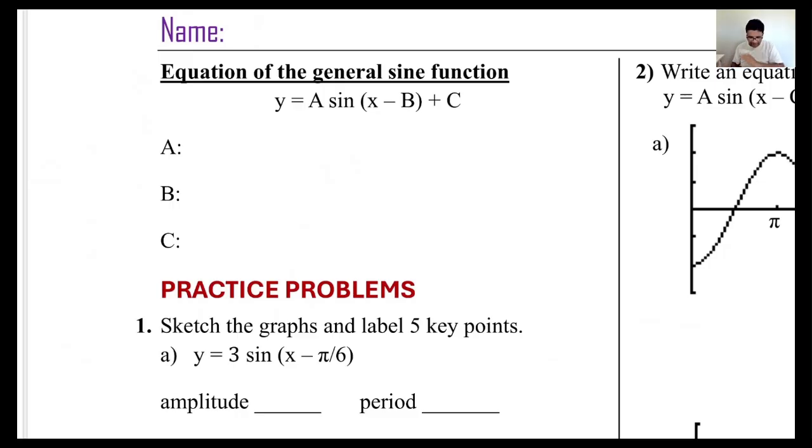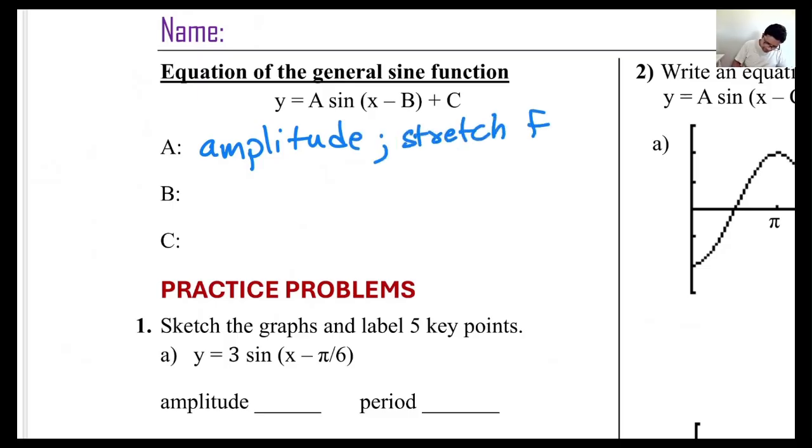What does each of them represent? The A represents the amplitude, which is the stretch factor. By what factor have you stretched the graph? Vertical stretch factor, right?